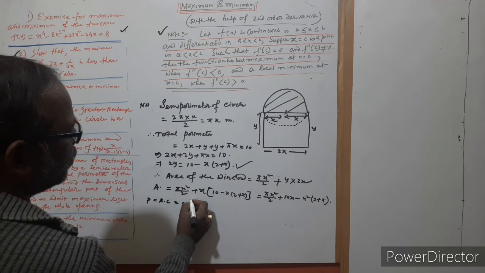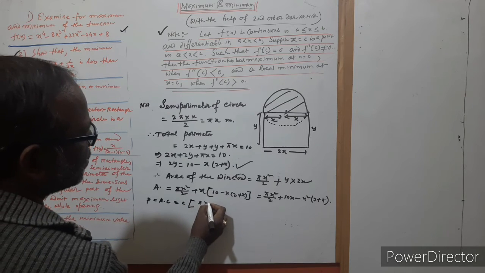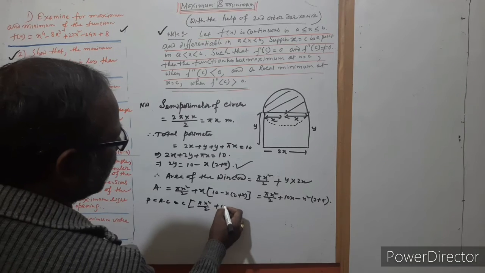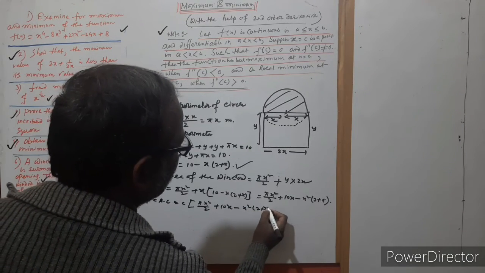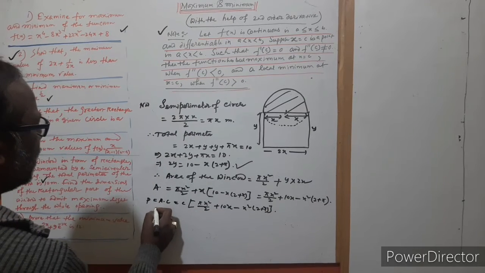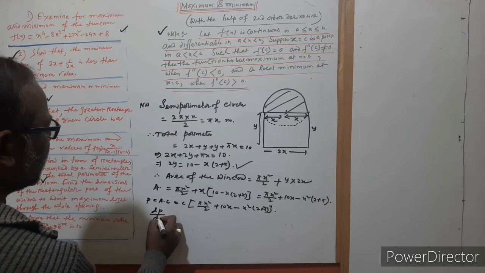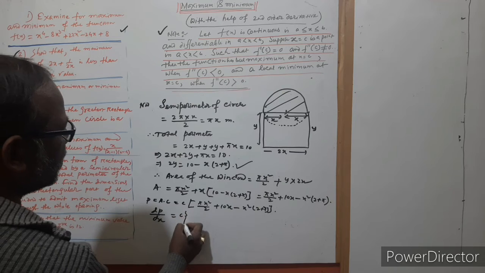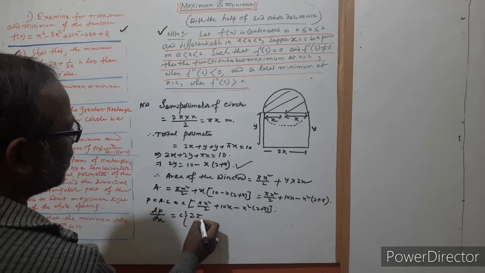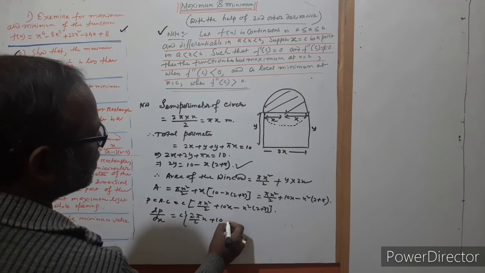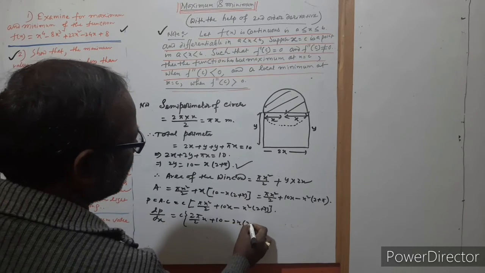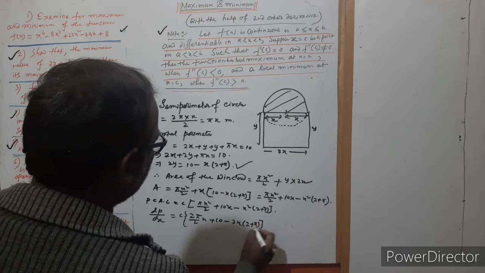So now C into pi x square by 2 plus 10x, and x square plus 2 plus pi. Okay, so dP by dx here: this is 2 pi by 2 into x, plus 10, and twice x into 2 plus pi.